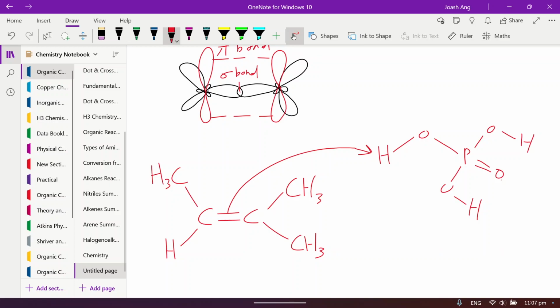Okay, so then you heterolytically break the OH bond so that I form this.